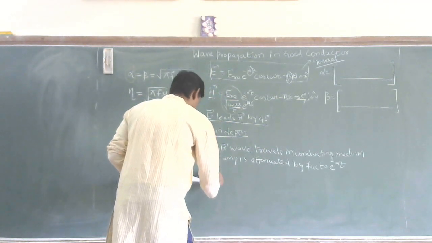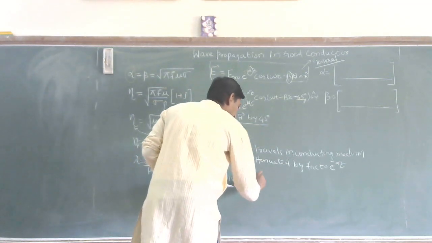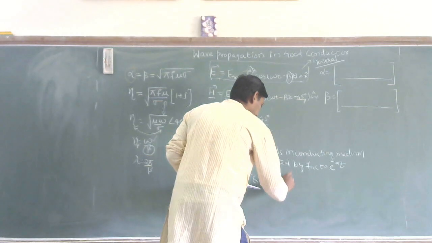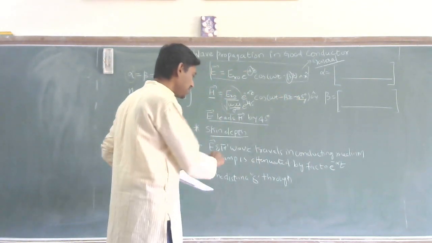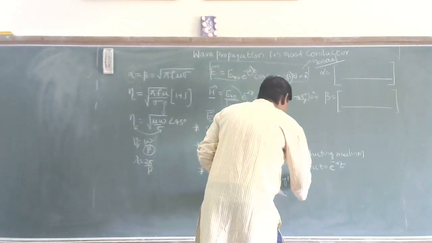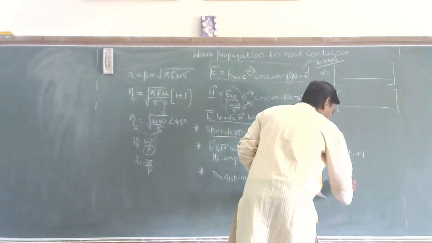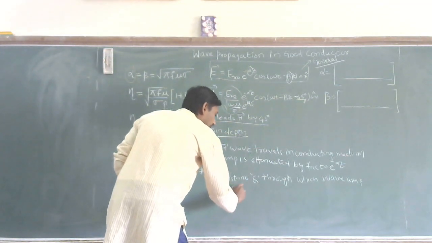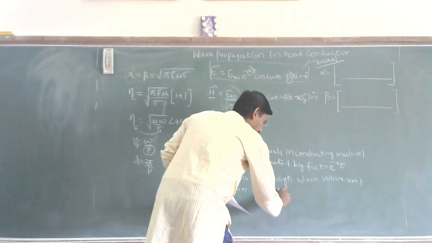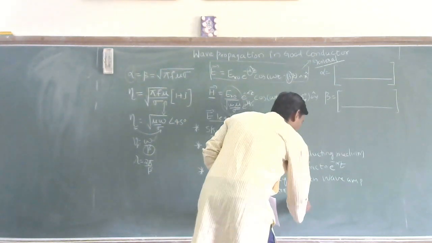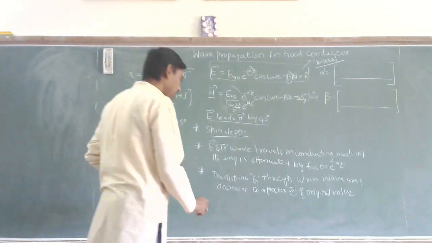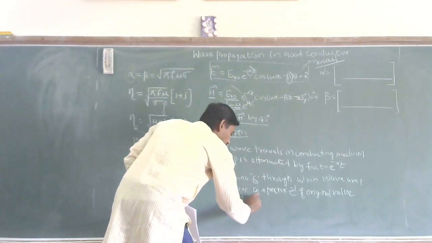So now let us say that the wave has traveled a distance delta, through which the wave amplitude decreases to a factor e to the power minus 1 of the original value, that is 37% of the original value.